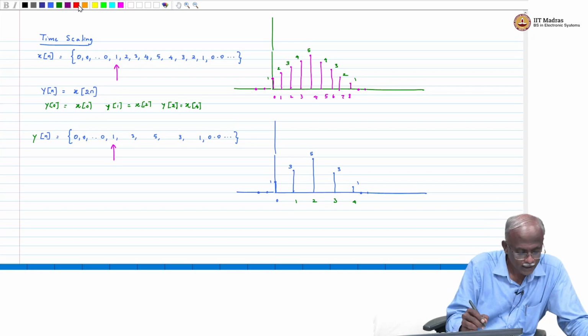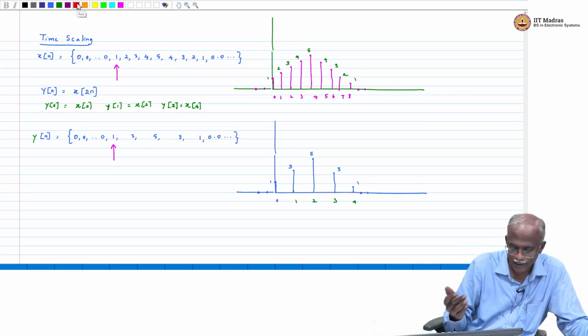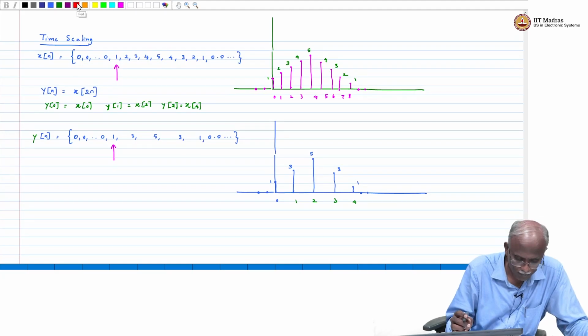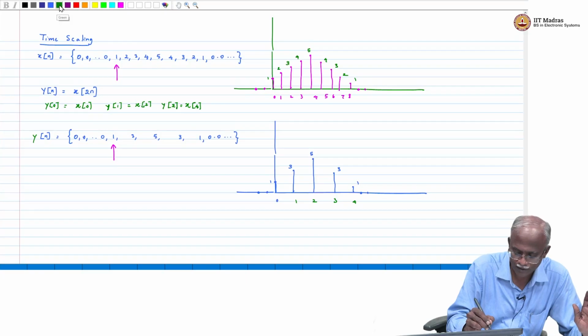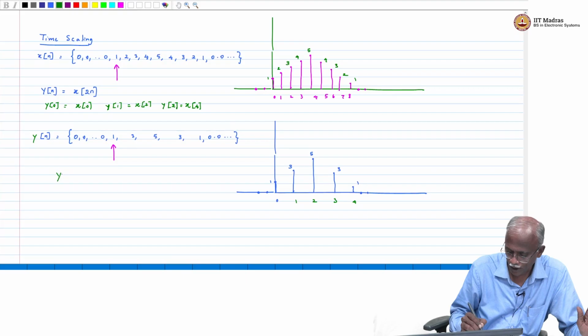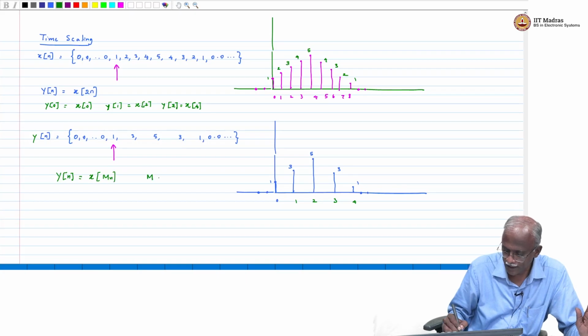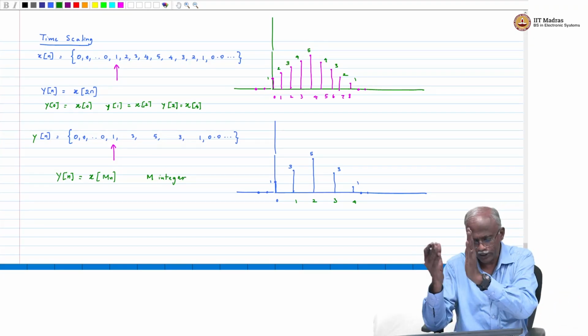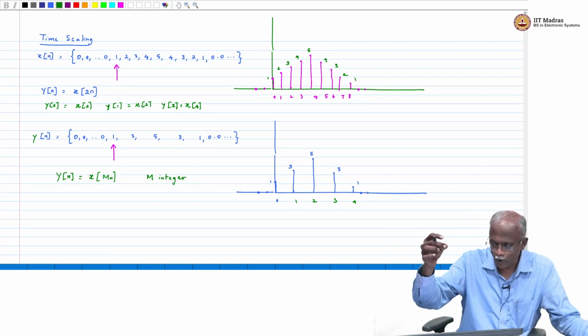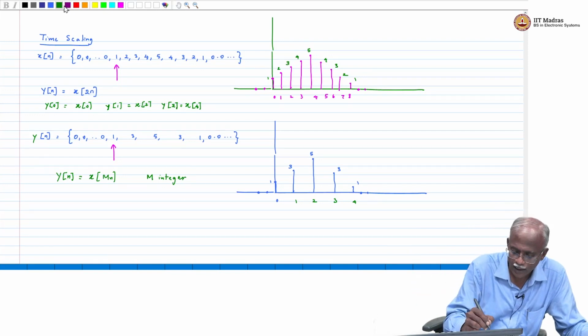That is the new sequence that is obtained by this process. This process is basically a scaling of time. This is a process that we call downsampling or compression. In general, if you write down an expression y of n is equal to x of mn, where m is an integer, meaning something greater than 1, m equal to 2, 3, 4 and so on, you are basically going to be doing a compression.